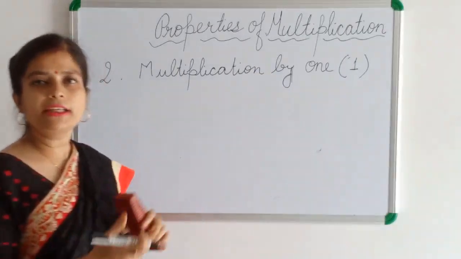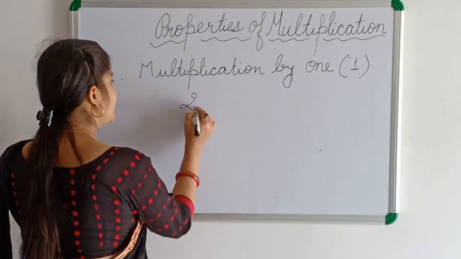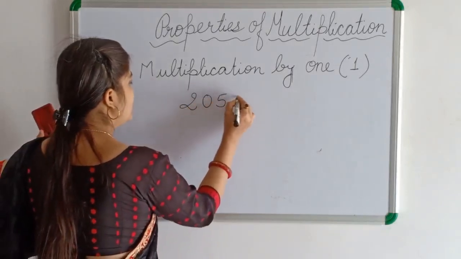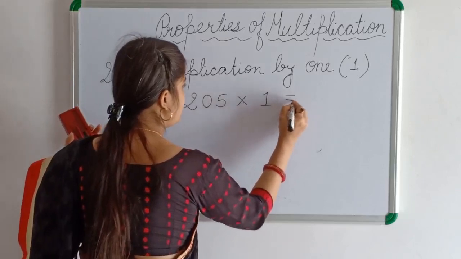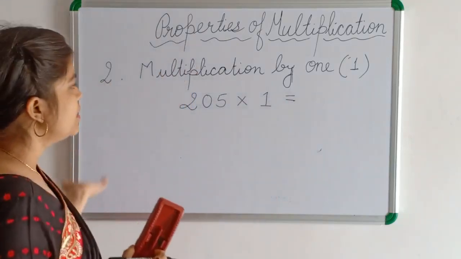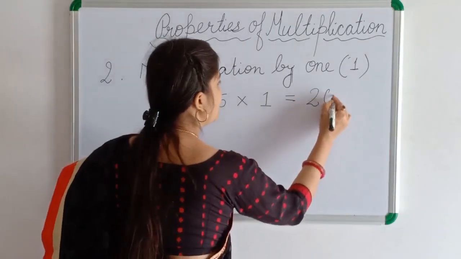I have to multiply any number by 1. For example, I am taking here 205 multiplied by 1. Then what will be the product? The product will be 205 only.